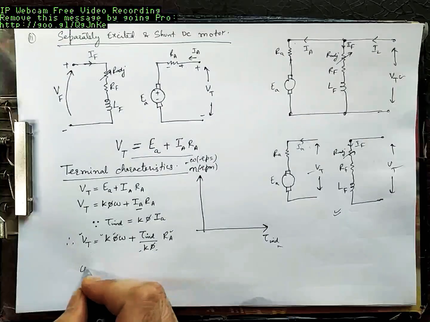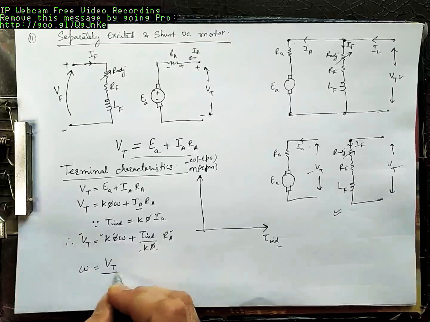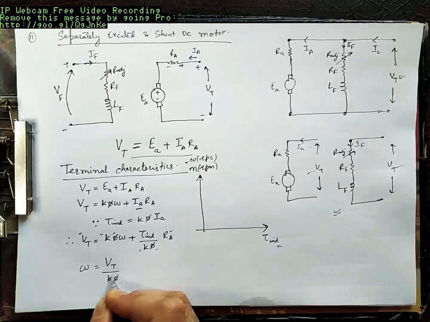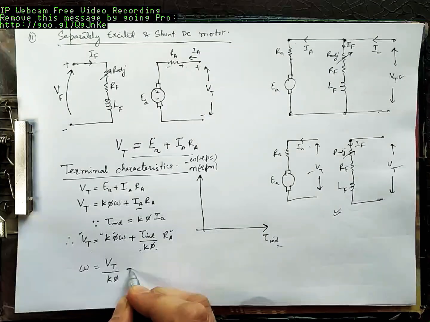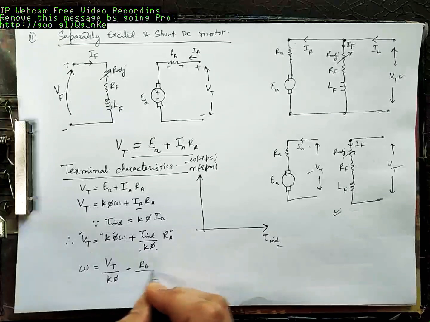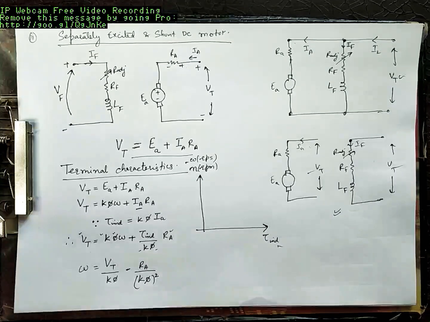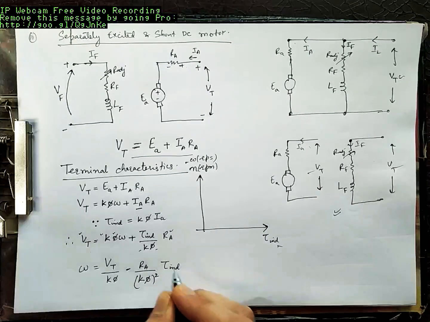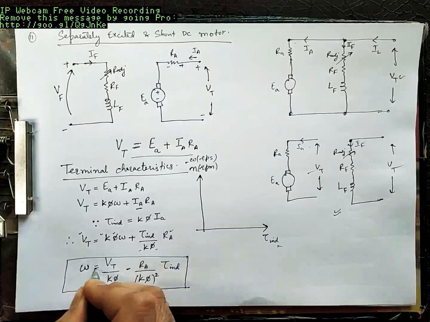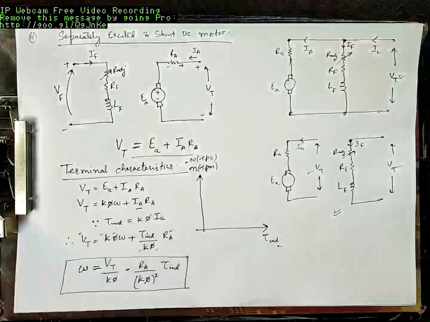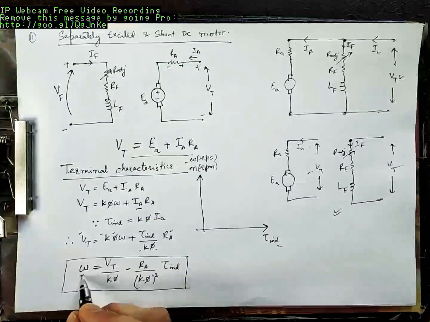I can write omega is equal to Vt divided by K phi minus Ra divided by K phi squared into tau induced. So this is the expression of omega in terms of induced torque.